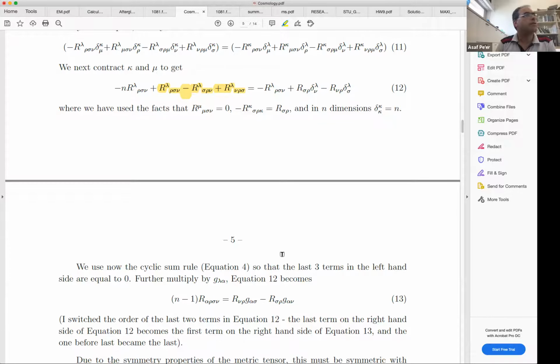And then this term here is a minus R sigma rho g alpha nu. All right, so I just remove these three terms here. This term I moved to the right, and these two terms I moved to the left, and I ended up with this equation, which I mark as 13.